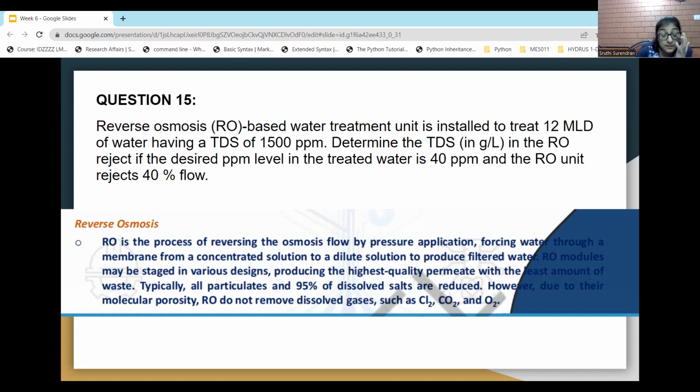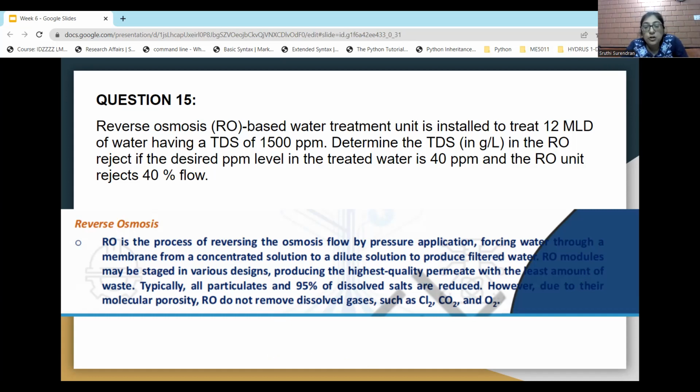So only 60% of the total flow is coming out, is being treated and coming out. Remaining 40% is being rejected. So we know out of the total water that is entering the tank, 40% is going into the reject. We have to find the total dissolved solids in the reject water.